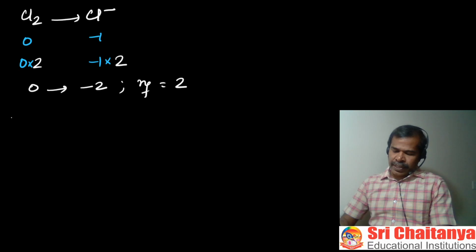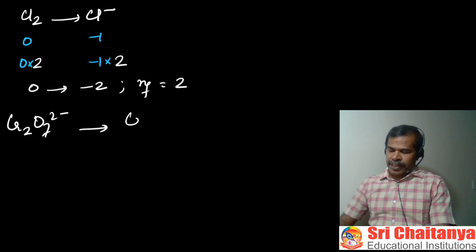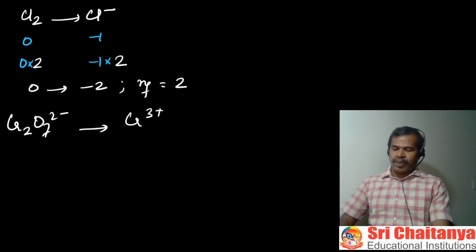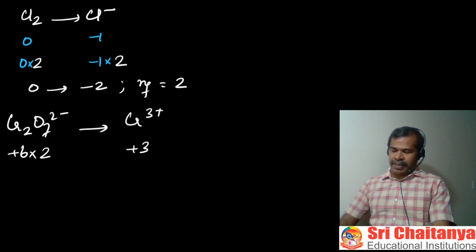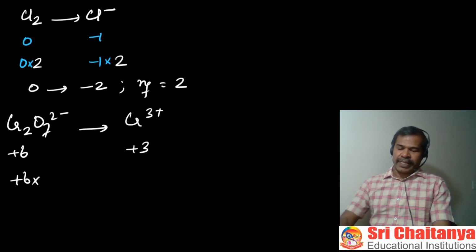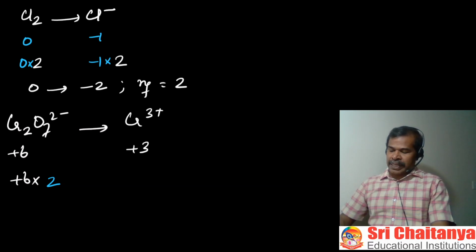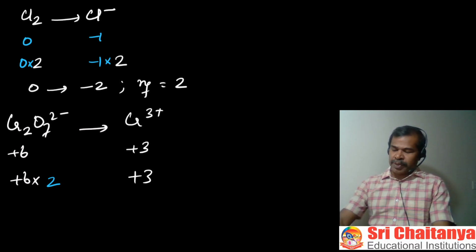Let's take another one. Cr2O7 2 minus changing to Cr3 plus. Quickly you can work it out. Chromium is in +6 state, so +6 into 2 atoms I have to take, and it is changing to, of course, +3, how many atoms should I consider?